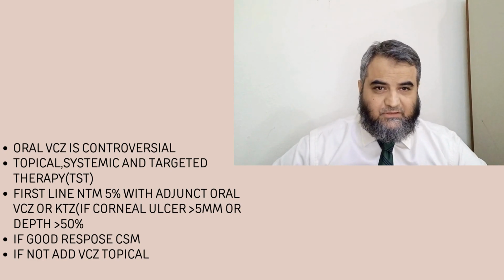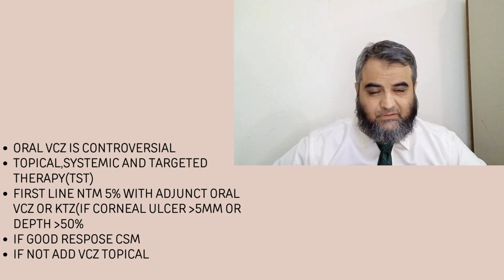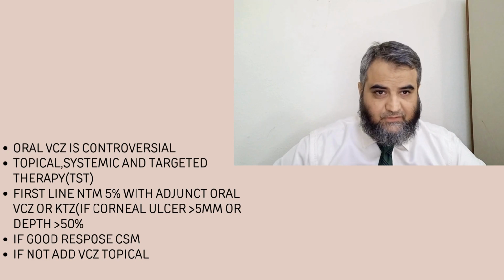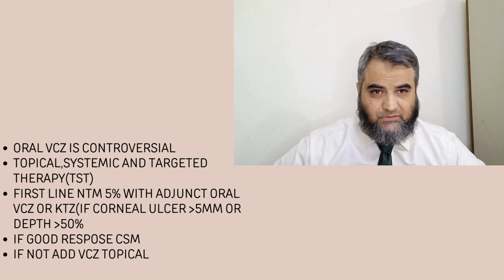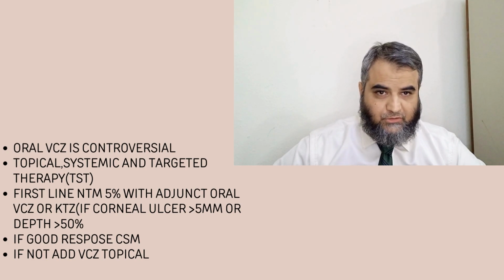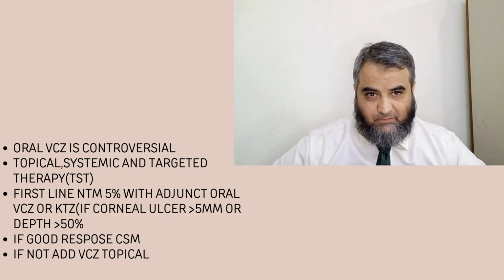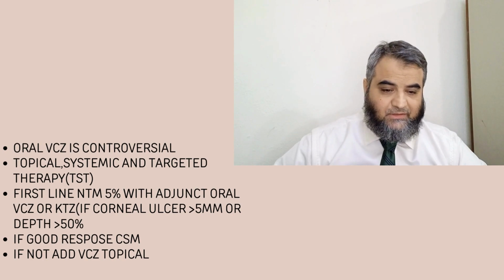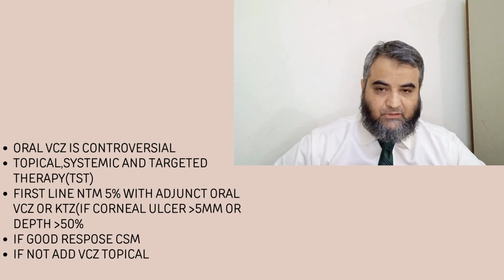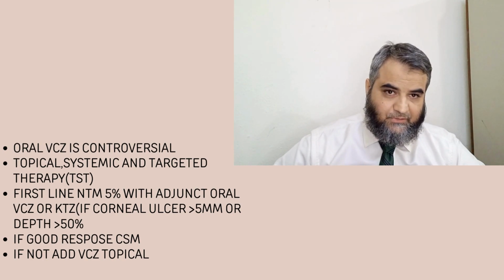Oral voriconazole, as I told you, different physicians have different guidelines, so its role is a little bit controversial, but there are also TST therapy protocols that believe in topical, systemic, and targeted therapy.